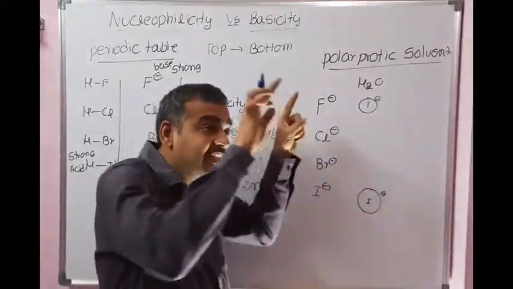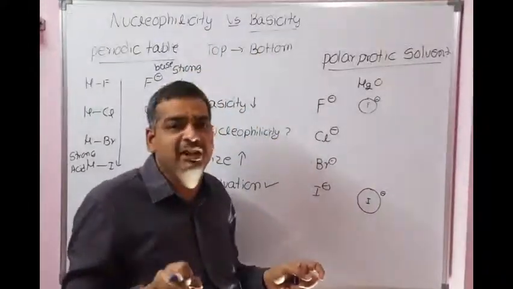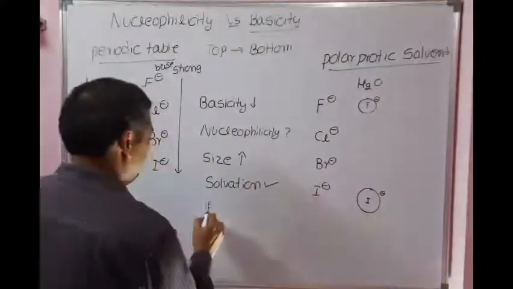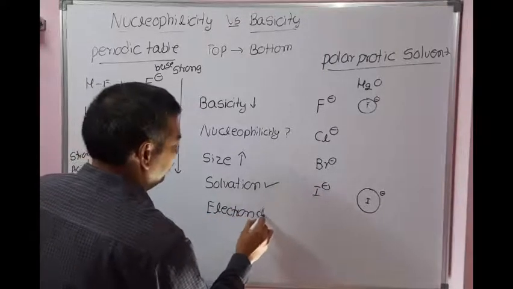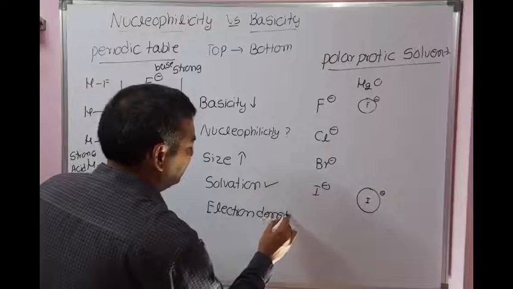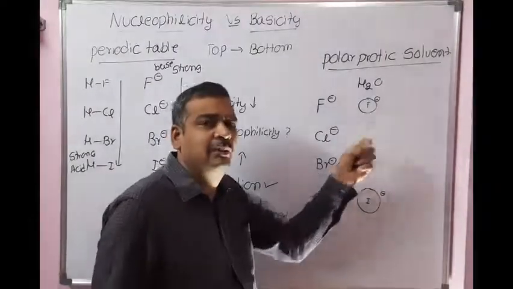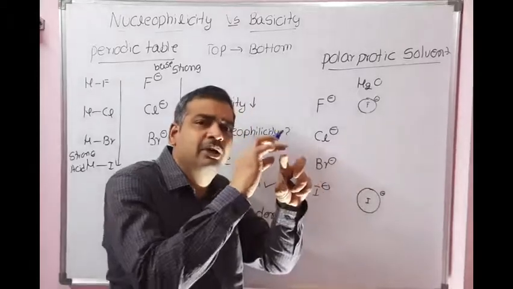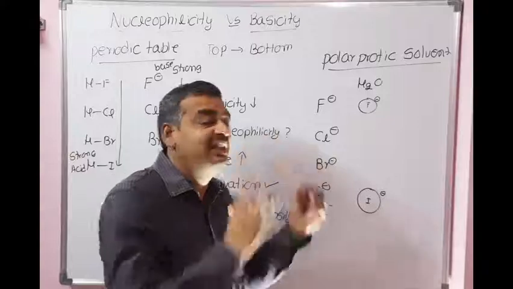Why? Because when the size is more, holding the negative charge electron is a little difficult. So from top to bottom, electron density decreases. Here more electron density is present, because with small size the electron density is more. With big size, electron density is less.